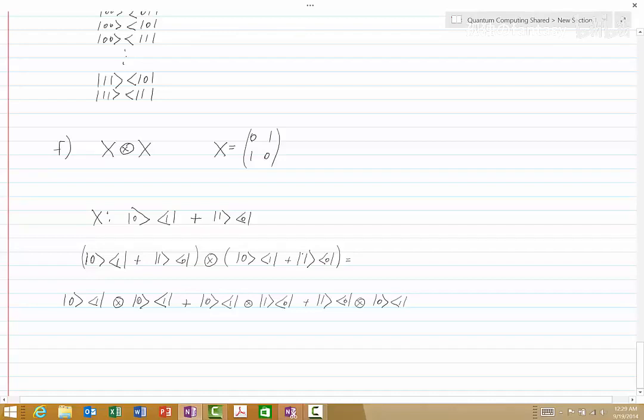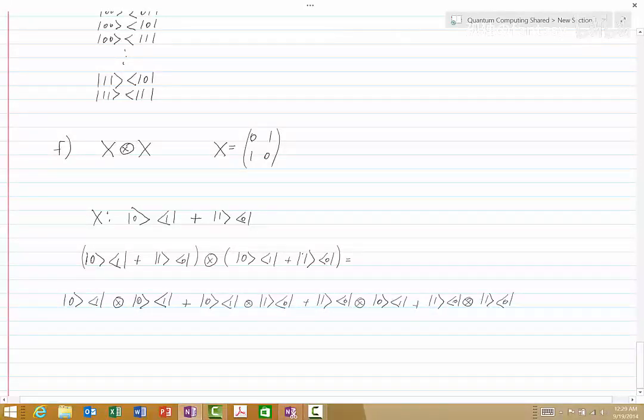And the final term will be the tensor product |1><0| with |1><0|.